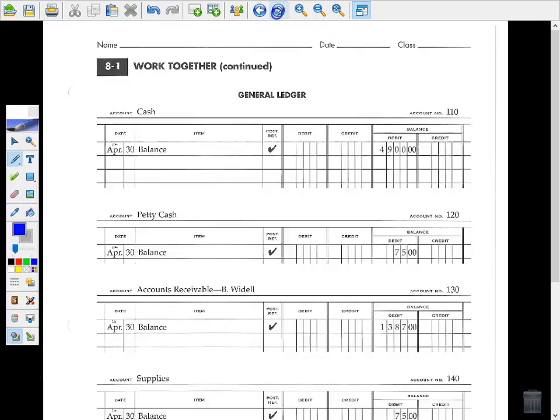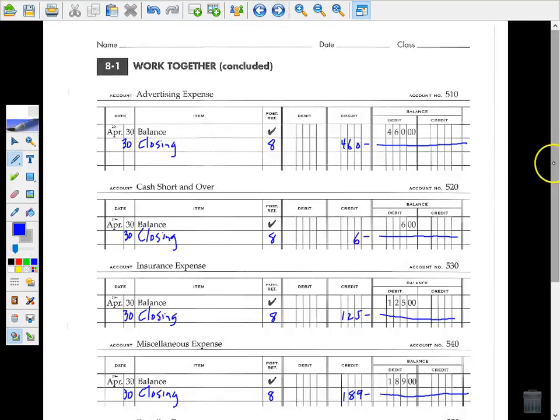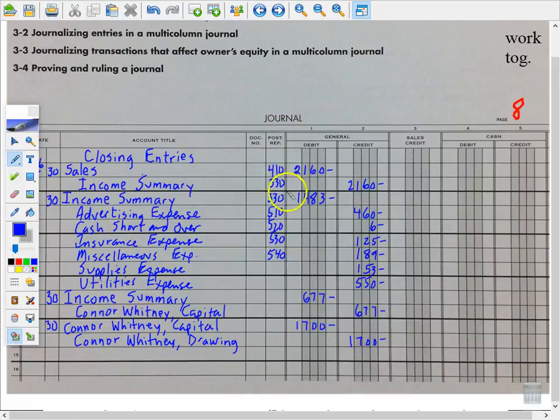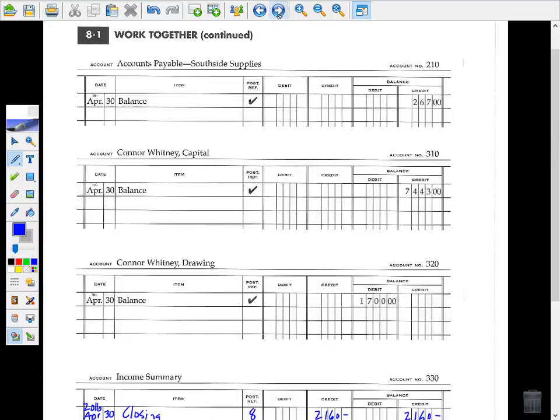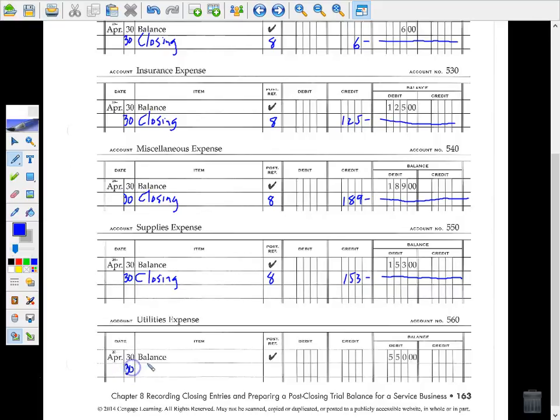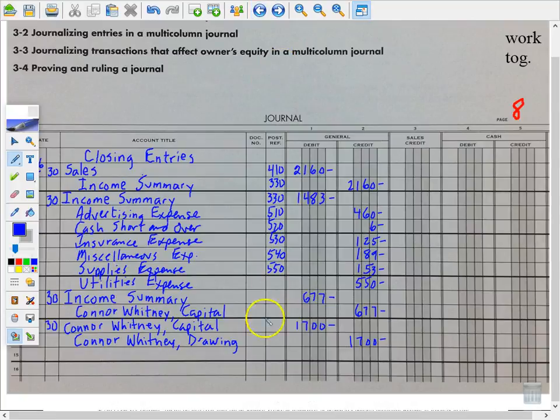Supplies expense for 153. $550. Utilities expense for $550. And account number 560.